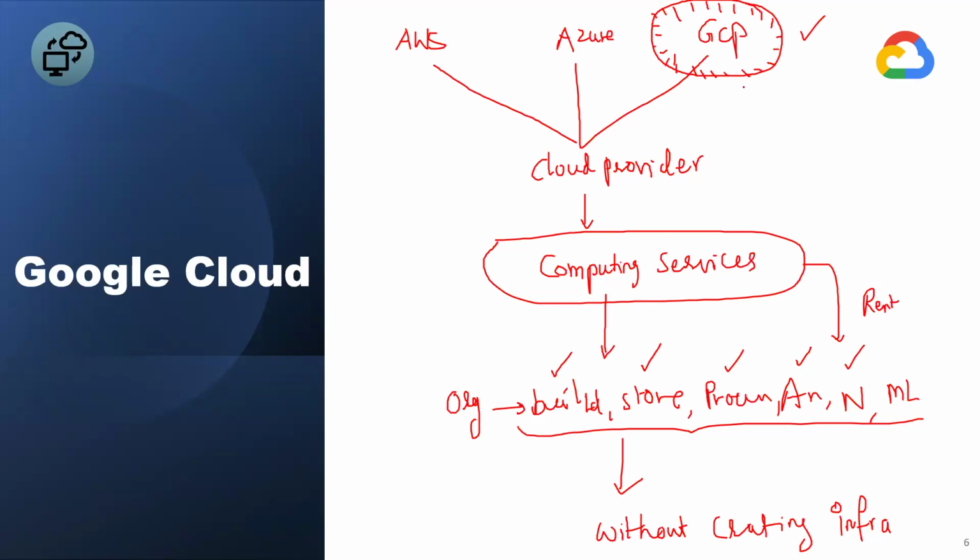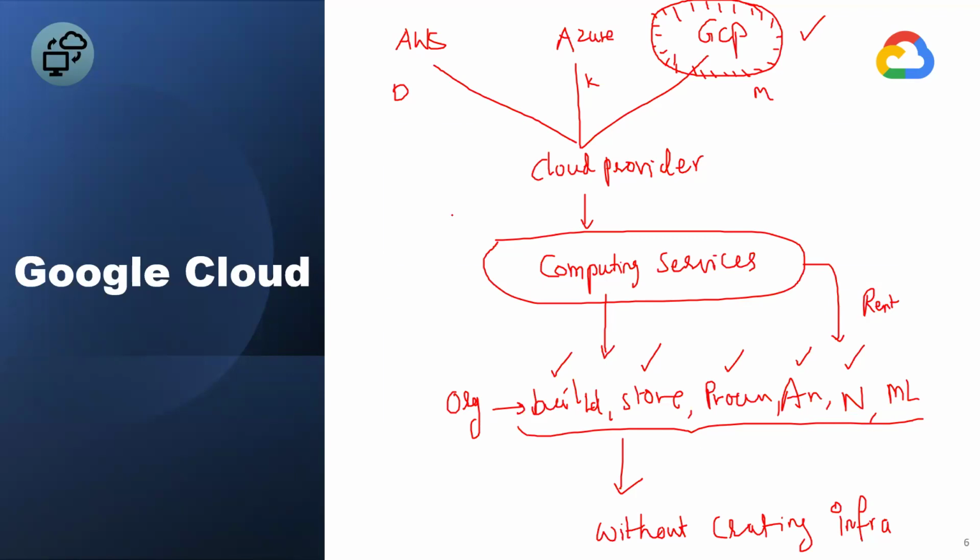You may have a Dairy Milk, a Kit Kat, a Milky Bar. That is the difference between them. These are different varieties of the same thing, but all of them are chocolates only. They provide you the cloud computing services. These services are doing a very good benefit to you, guys.